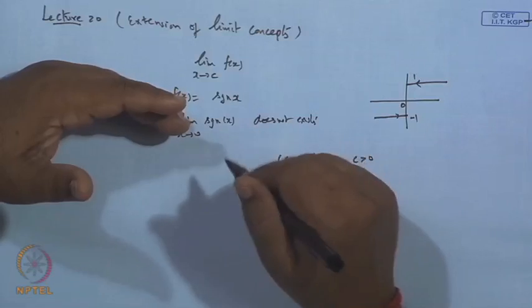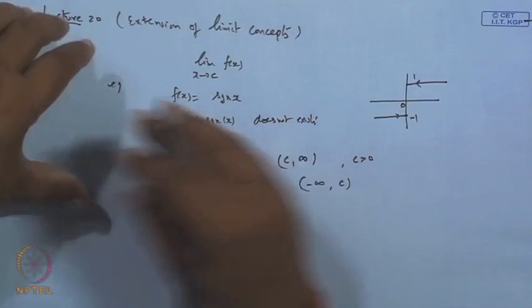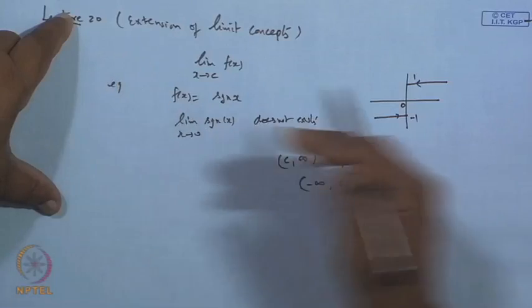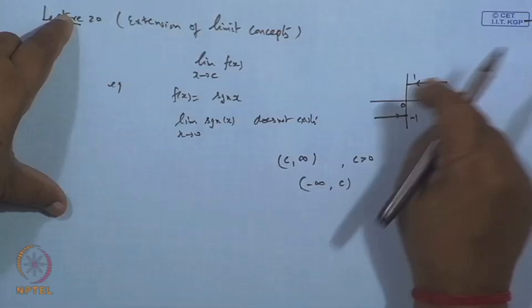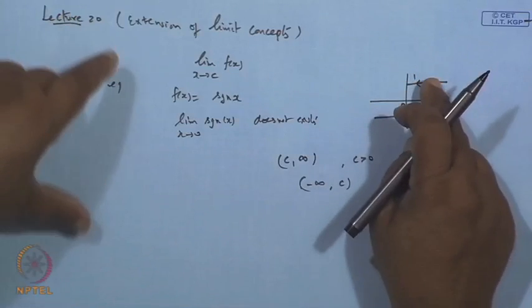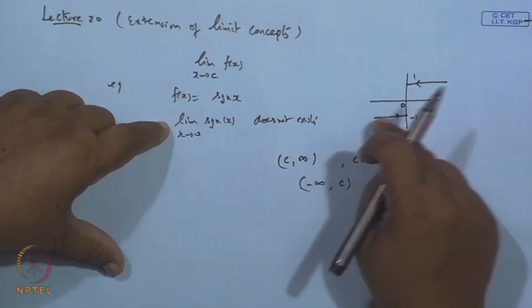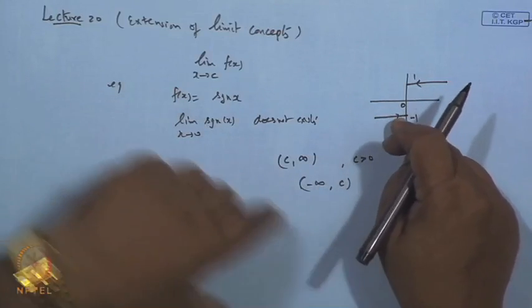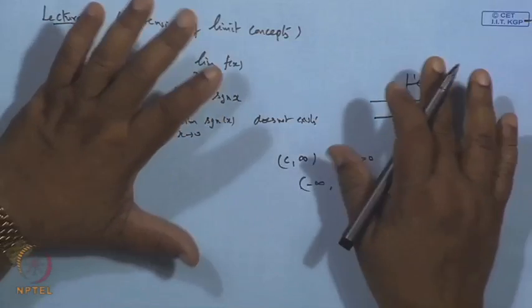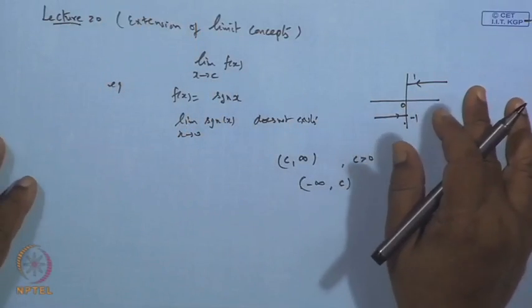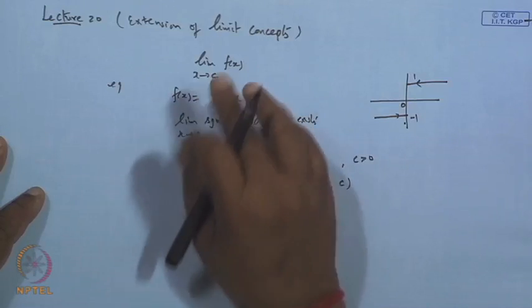Now, in such a case, when we define the limit of the function, we call that thing the left hand limit when you approach the point from the left hand side, and when you approach the point from the right hand side, it is called the right hand limit. And then we say if both the limits coincide, then only we can say the function has a limit in general.